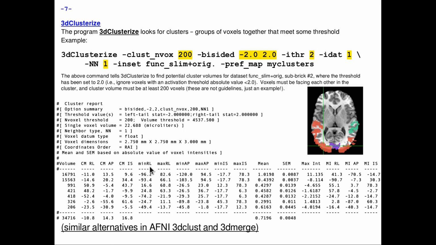Then it shows you the locations, the extents of each of the clusters, minimum and maximum in each of the directions, and then the mean through the cluster, the mean of that data subbrick, subbrick number 1, and then it gives you the standard error, and then it also gives you a peak value. So what is the peak value, and then where is that peak value's location? So all useful things to get out of clusters.